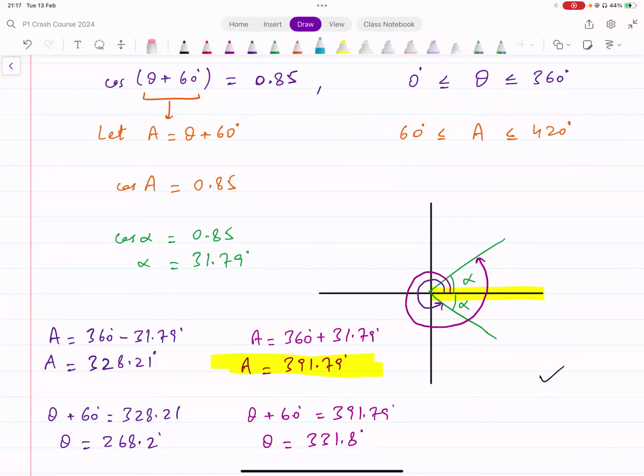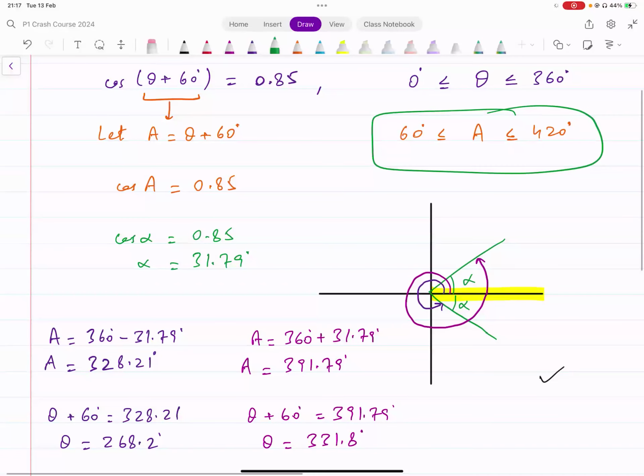If you were only looking for values up to 360, you would not consider that. And you would mistakenly consider 31.79 as one of the results for A. But that's not supposed to be one of the answers there, because the interval for A starts from 60. It doesn't start from 0. So adjusting that interval is very important.